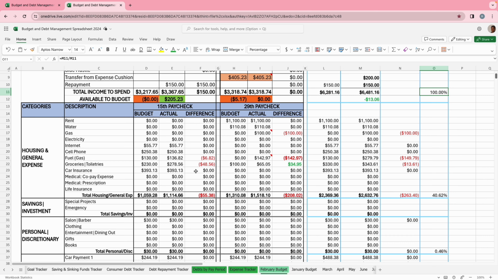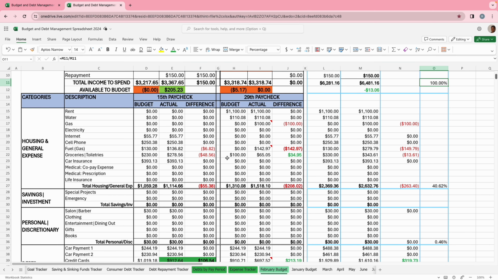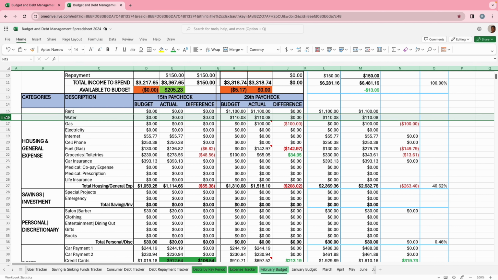Moving along to my first category, which is housing and general expense. I do a line item comparison. For rent, that came in at 0. There's no difference there. Paid in full. Water, no difference.